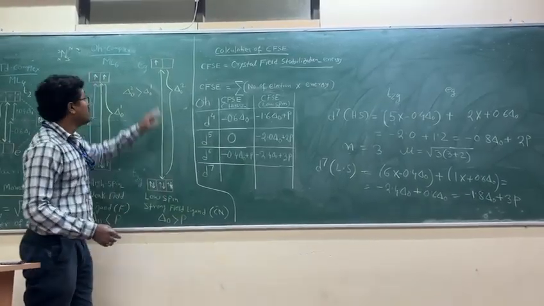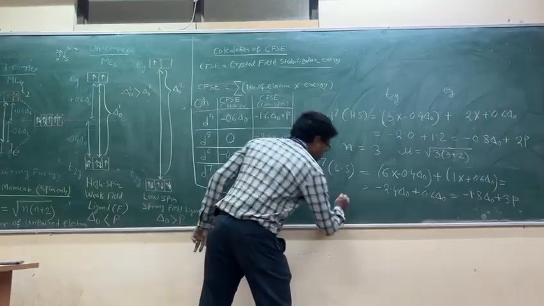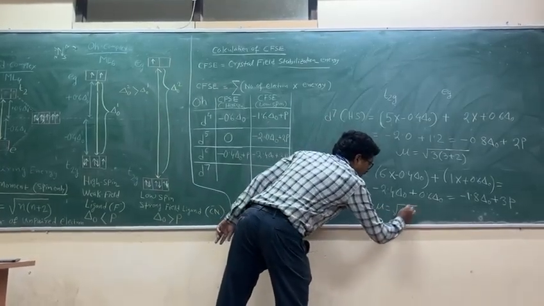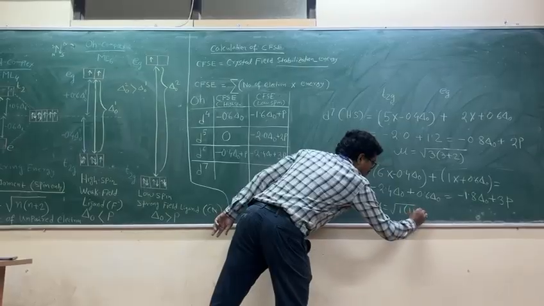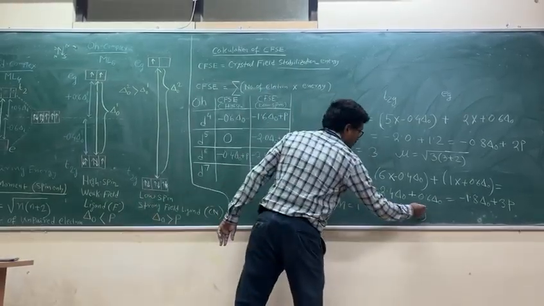And the magnetic moment we will get only from the unpaired electrons. So n equals 1. So mu will be root over n into n plus 2, with 1 plus 2. Okay.